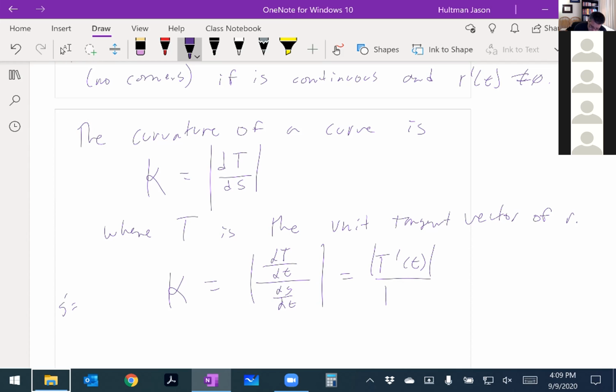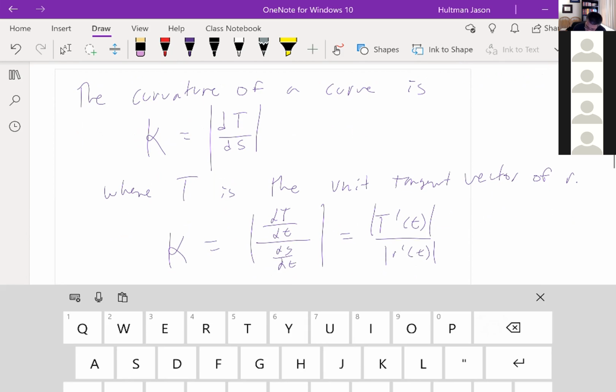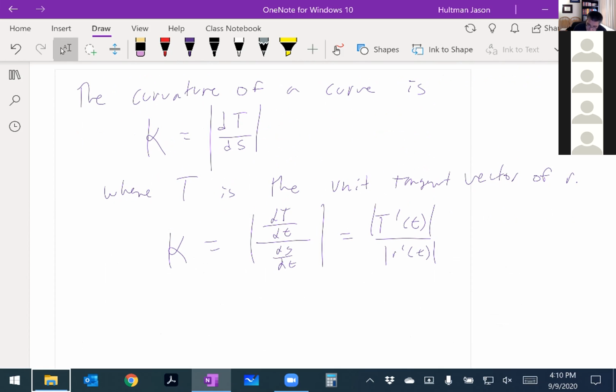S prime was the magnitude of r prime of t. So we could say that this is equal to the magnitude of T prime of t over the magnitude of r prime of t.